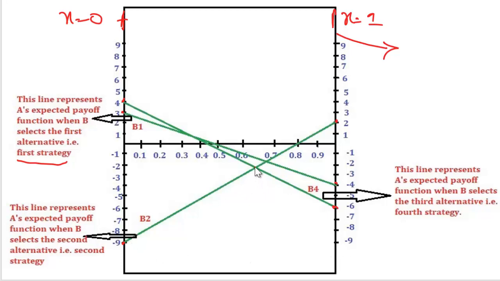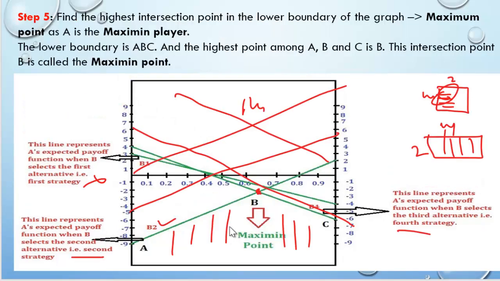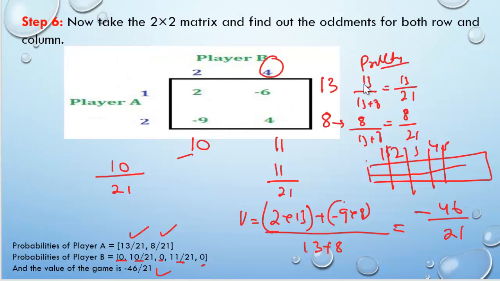See which two lines are intersecting, choose only those two and discard any other line. That means you will get the 2 by 2 matrix, and then use the oddments, which we have done already, and solve your problem using the oddments.